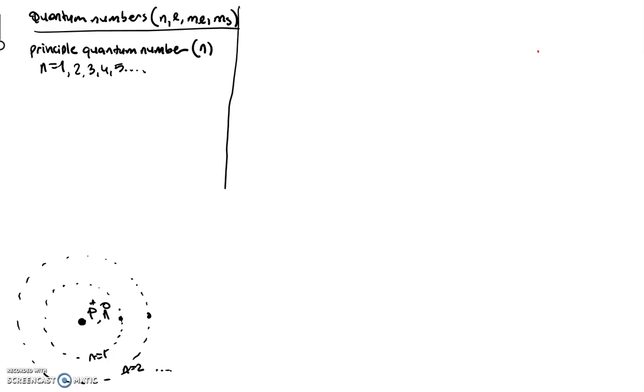But we also have quantum number l. Quantum number l is called the angular momentum quantum number. So what is this about?